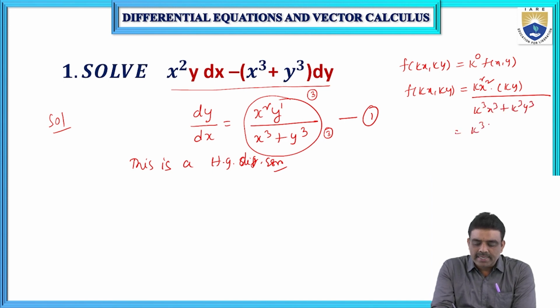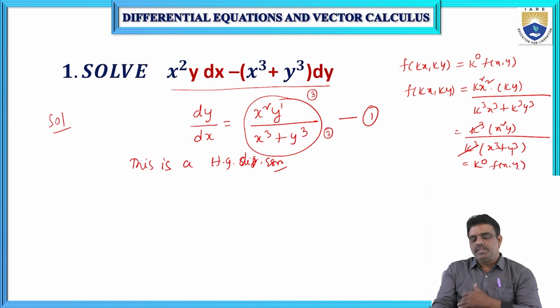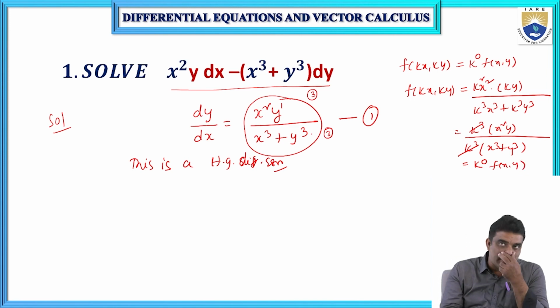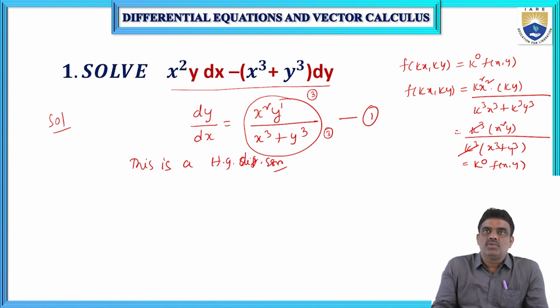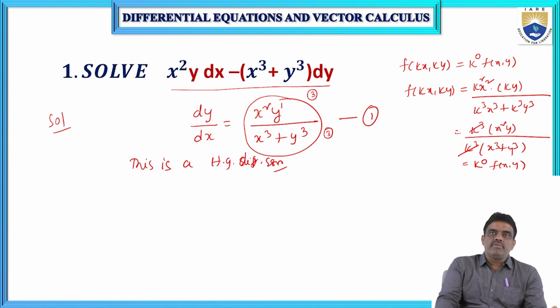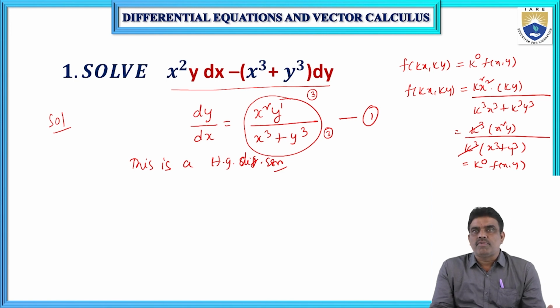In the numerator it is k cube x square y. In the denominator, on taking out k cube, it is x cube plus y cube. So on cancelling, this is k power 0 into f of x, y. That means it is a homogeneous function of degree 0. If it is a homogeneous function of degree 0, then we can solve it by reducing to variable separable form.